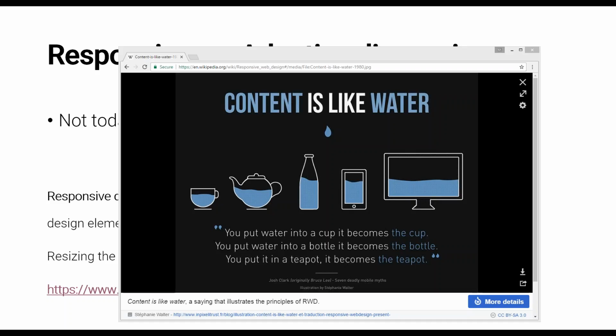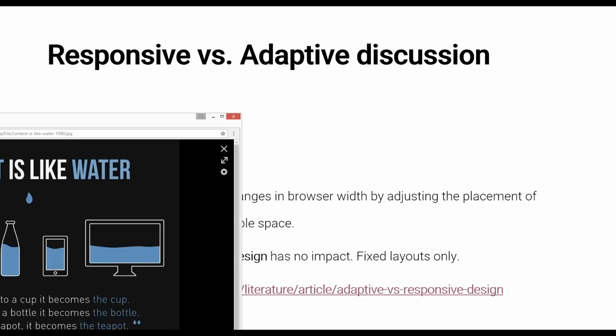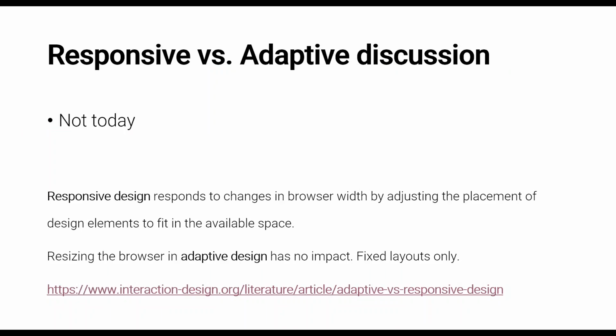If there is a play button on responsive content, it will remain the same on a mobile device just like it is being viewed on a computer. But in adaptive, for example, if you have a video player, the video player will have a very specific layout on a mobile device, and it will probably be different from what it looks like on a computer.